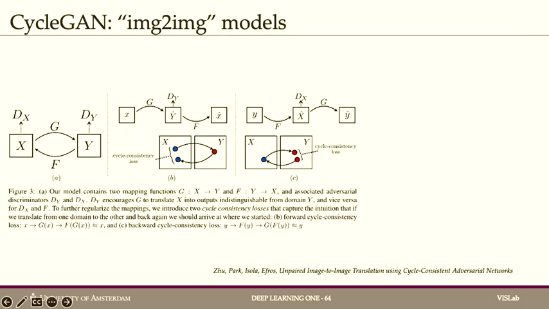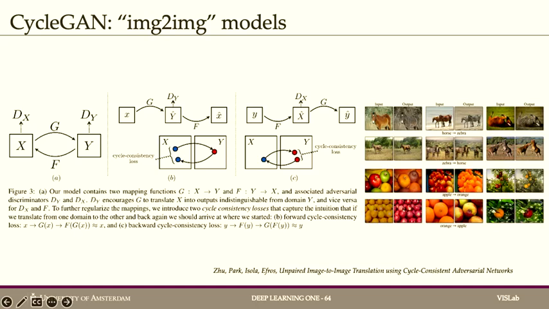Right. The CycleGAN is another one of those image-to-image models. In this case, it learns a mapping function to go from one domain to another. The reason why it's called cycle is because you go from one domain to another. So if you look at, for example, image B, you go from domain X to domain Y, and then you go back to domain X. And if you do that, you should end up at the same place if these mappings were working correctly.